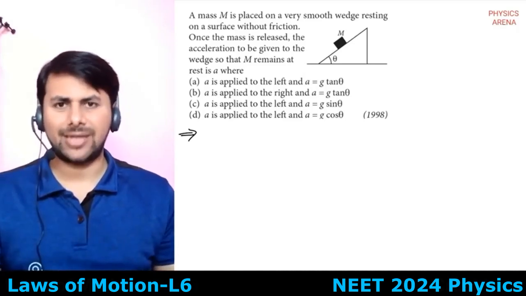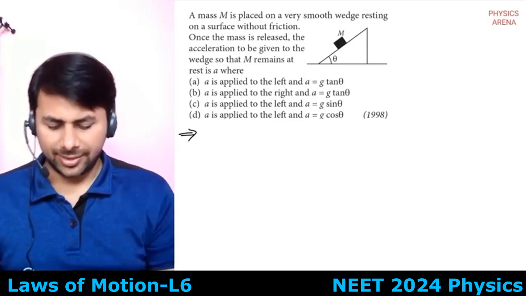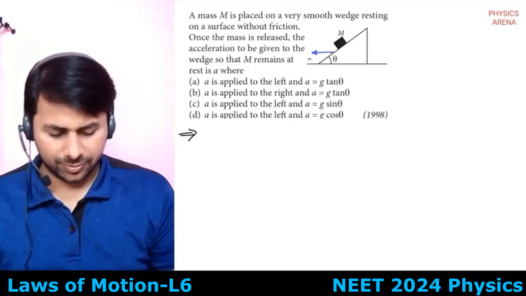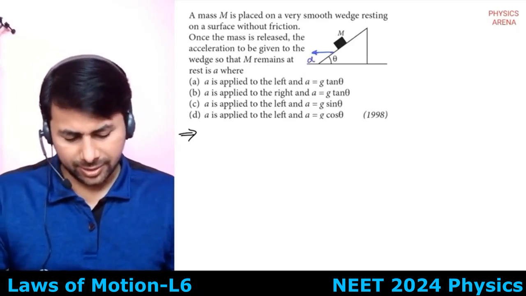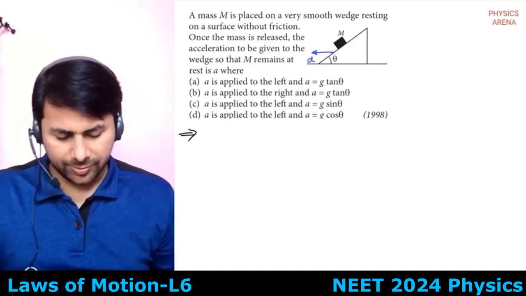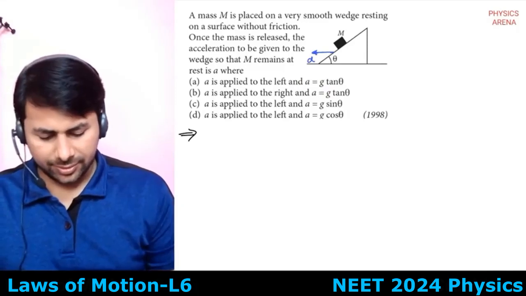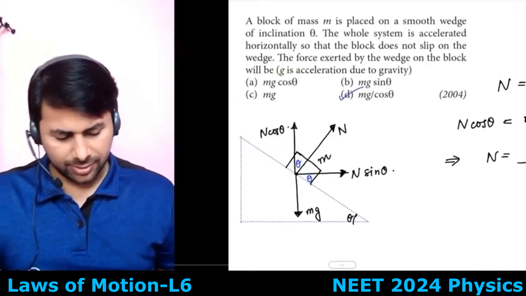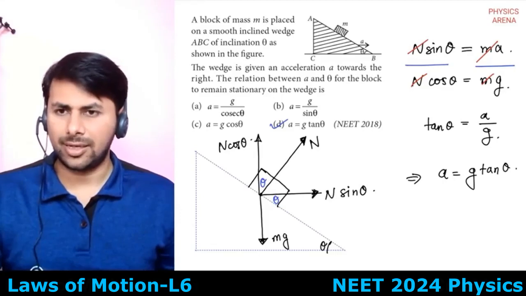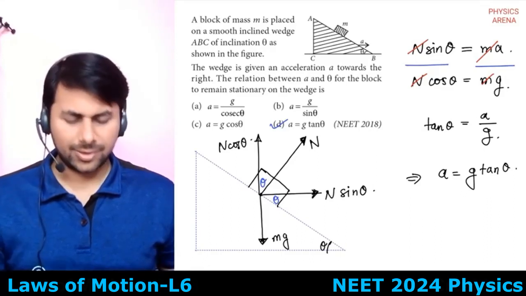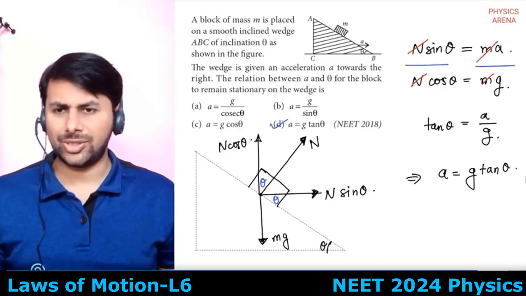So the mass will slide down faster, right? So acceleration should be given in this direction only. And how much is the acceleration? So we have found it out. Acceleration is equal to g tan theta, right? Yes, no. Is this thing clear or is there a question?